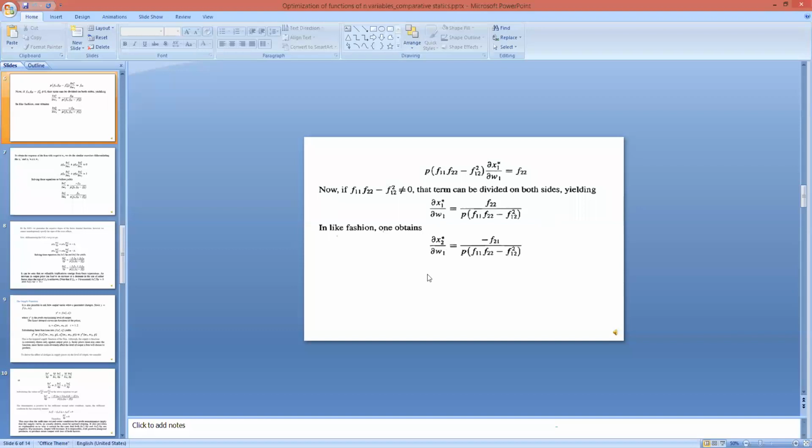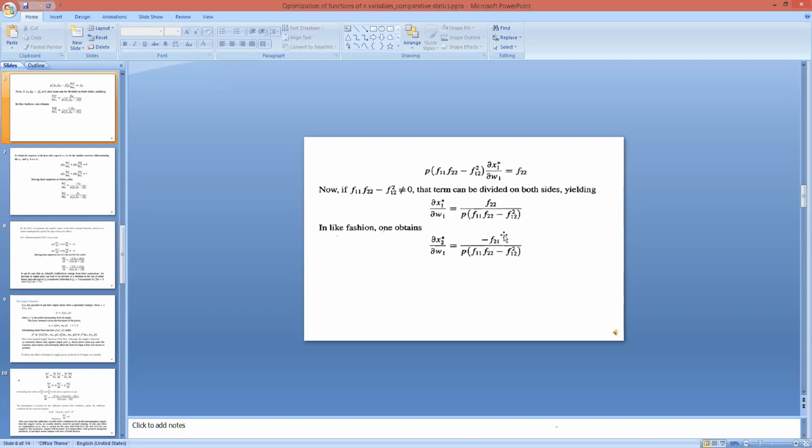Now, for del x2 star by del w1, you will not be able to state the exact sign of this derivative or the shape of x2 star with respect to change in w1. With respect to the denominator, there is no problem, but in a general context, as long as you do not have any numerical value, you have no idea about the direction of F21.